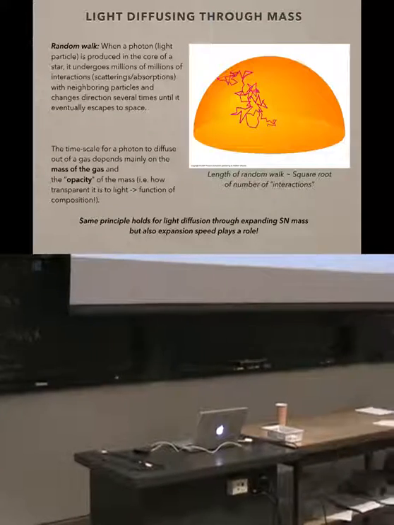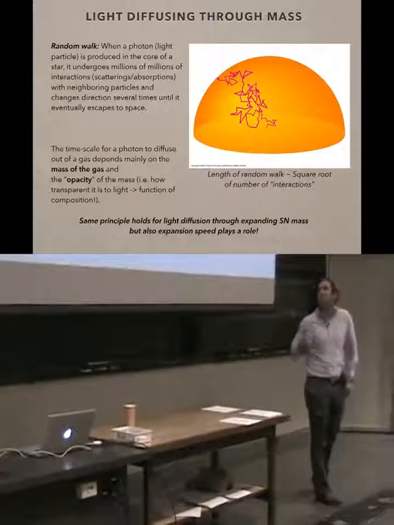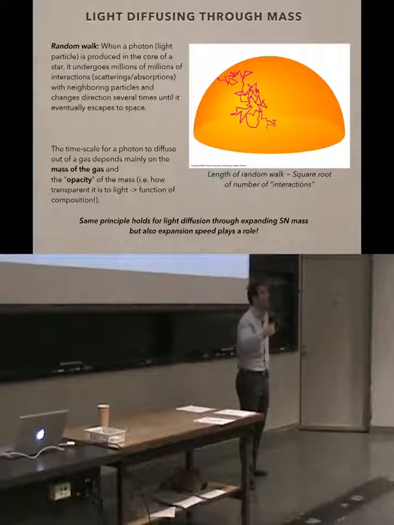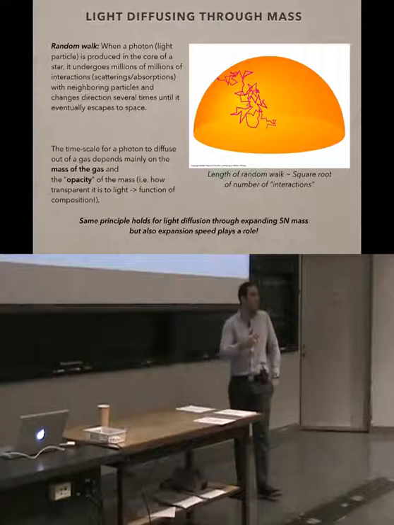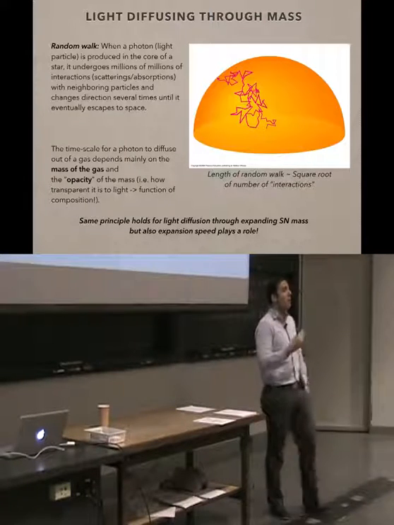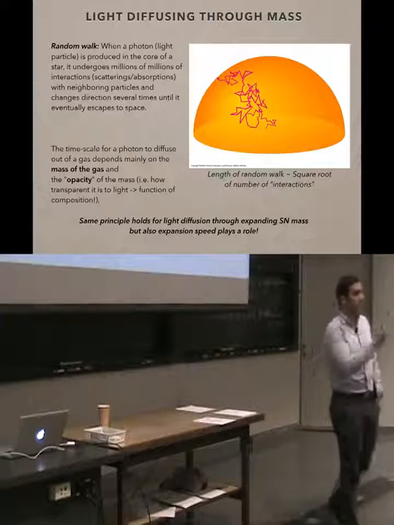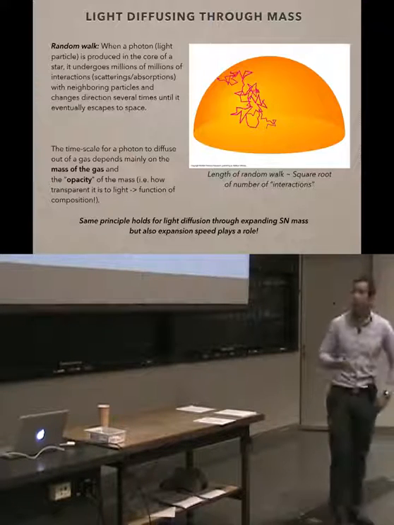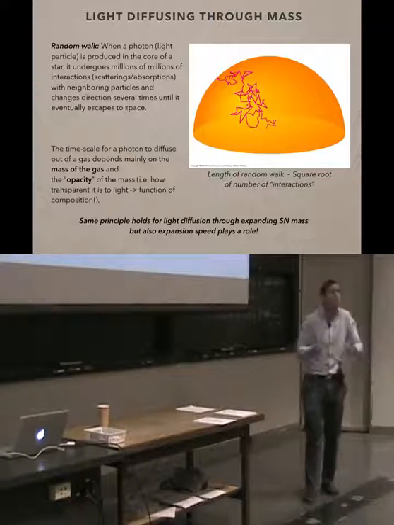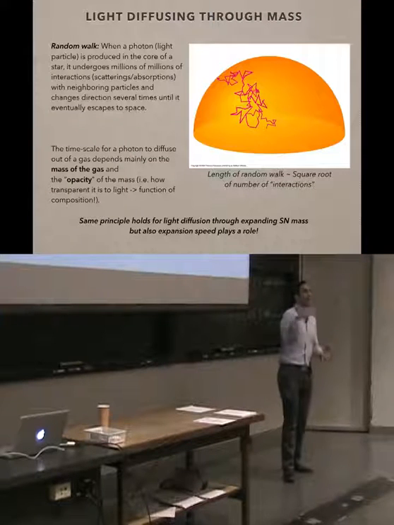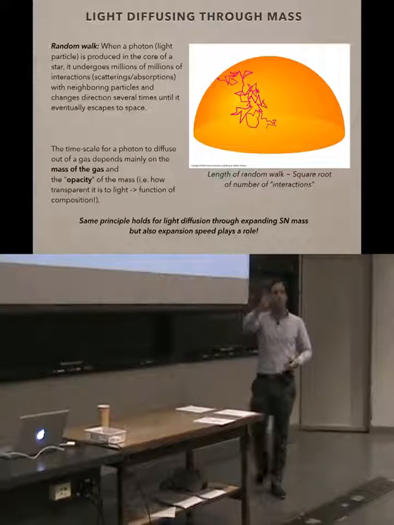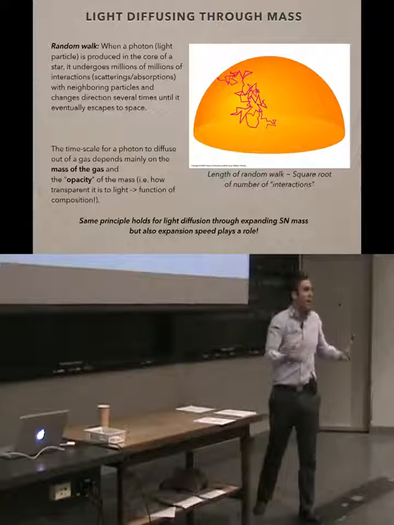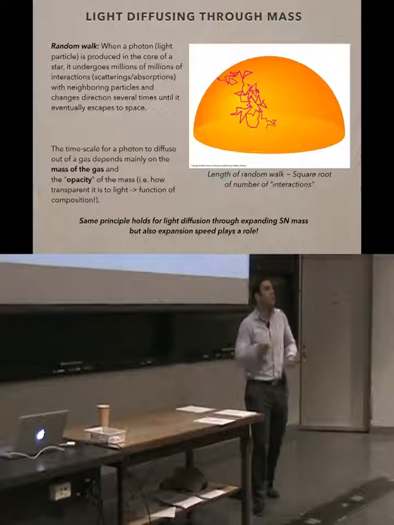So, opacity basically tells you how opaque and how transparent your material is to light. And that depends on how many free electrons you have, for example, because the more free electrons you have, the more interactions the light will go through. And that depends on what kind of material you have. If you have hydrogen, you will have 1 electron per hydrogen atom. If you have helium, you have 2, and so on and so forth.